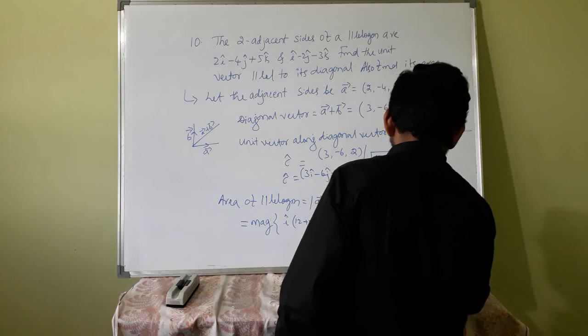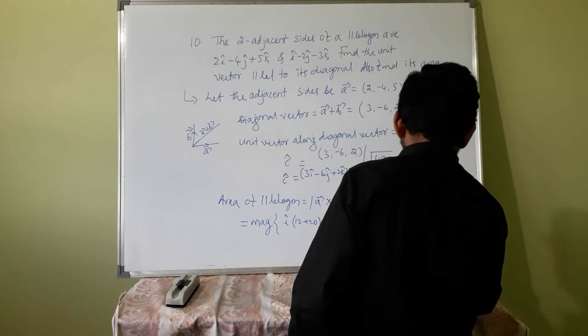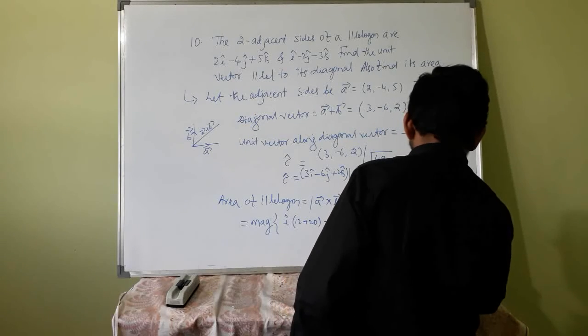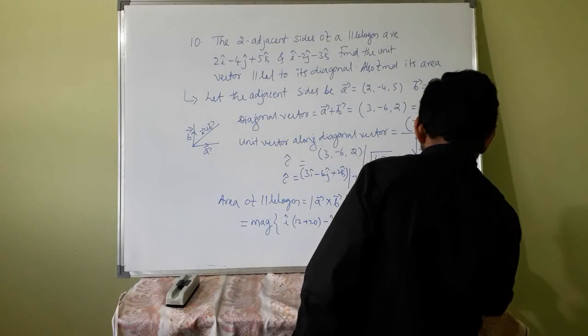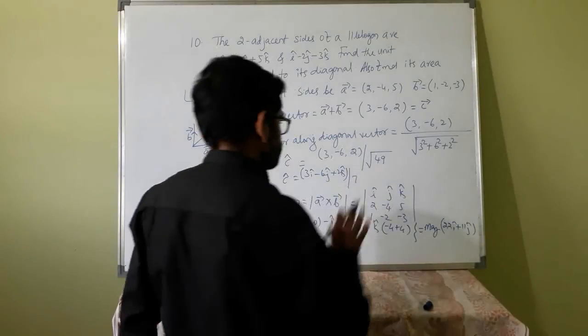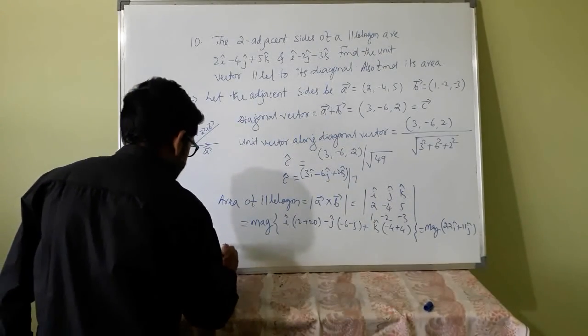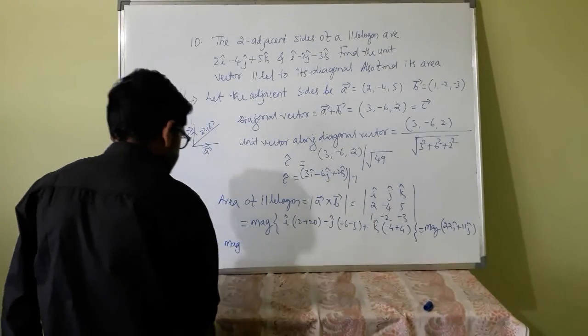Okay, that is magnitude of 22i plus 11j cap. The k component will become 0.